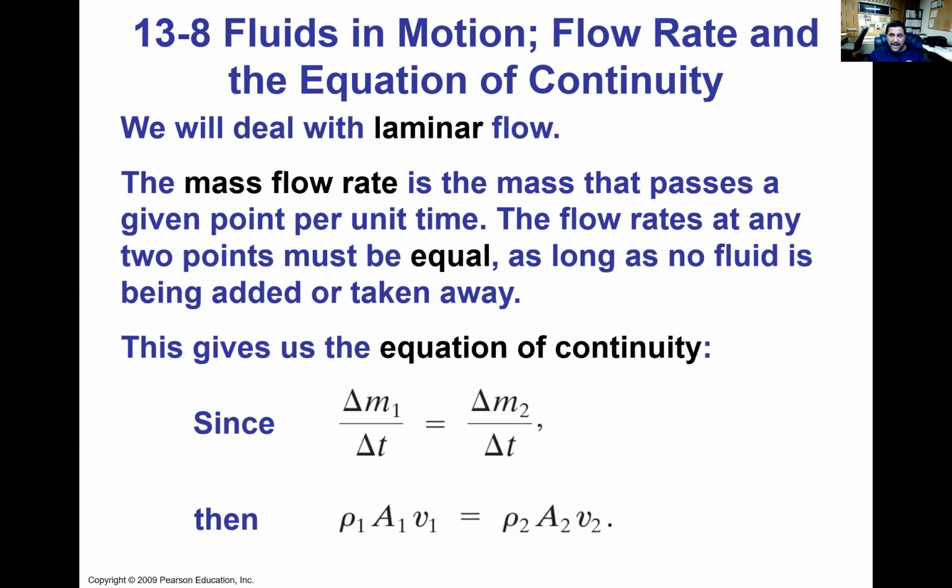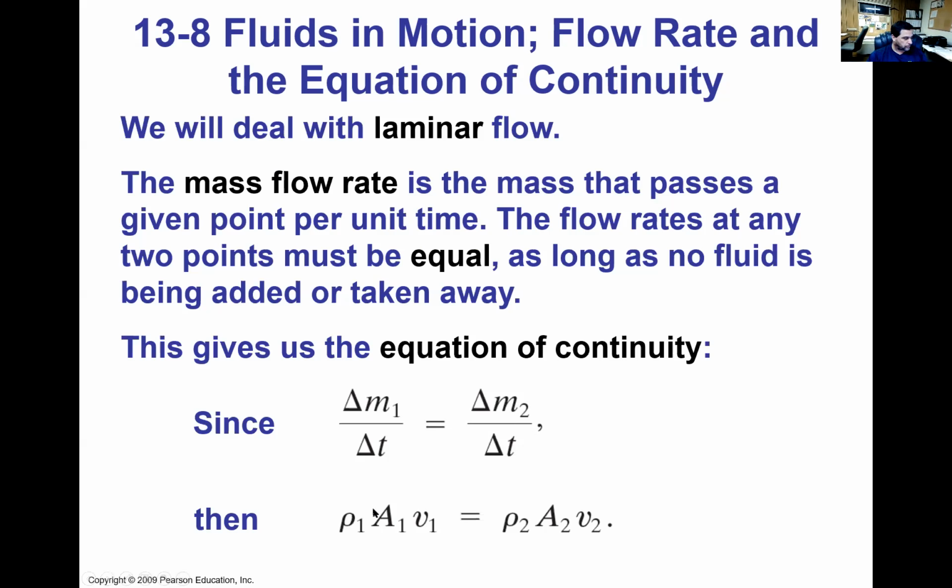If that is length per time and you have a cross-sectional area, then you have some sort of cubic flow per time, or Q. If you have density at one point, area times velocity, it's going to be equal to the density, area, and velocity at some other point.